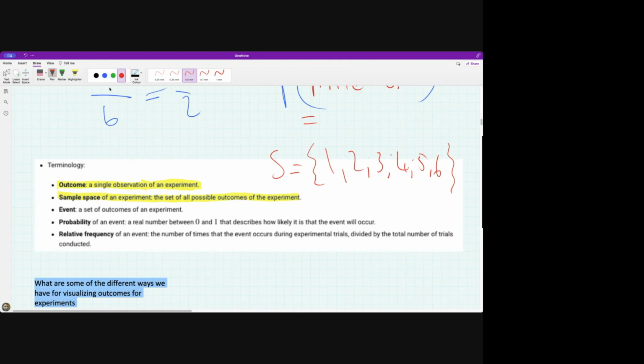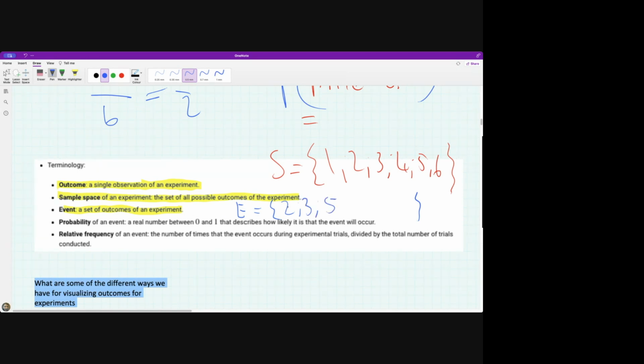What is an event? An event is a set of outcomes of an experiment. So the way of thinking about that is, what is the event of throwing a prime number from the sample space? Well, the prime numbers were 2, 3, and 5.